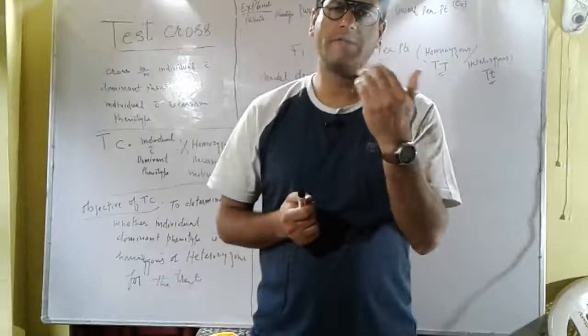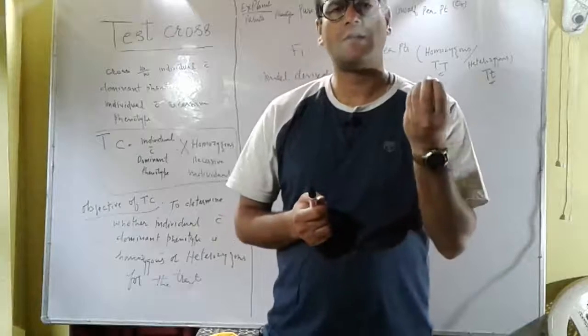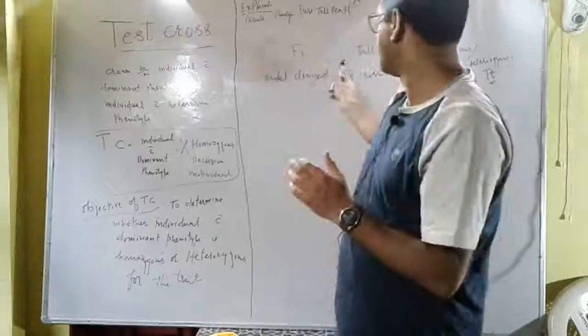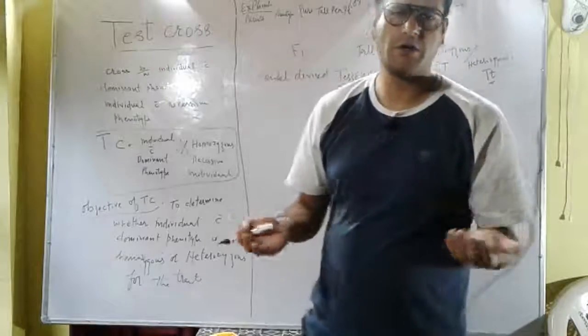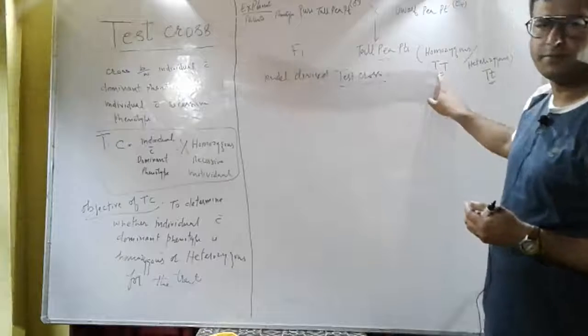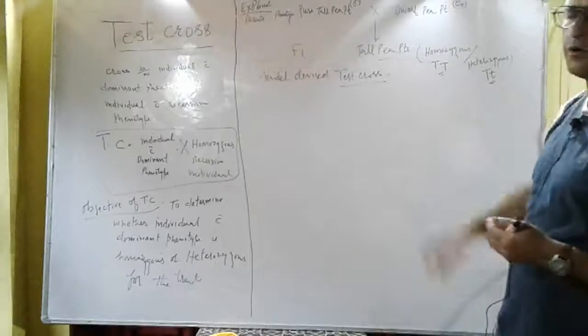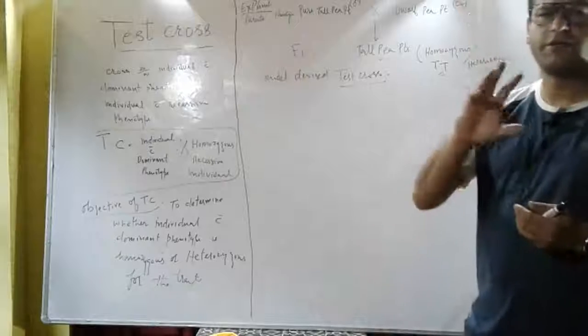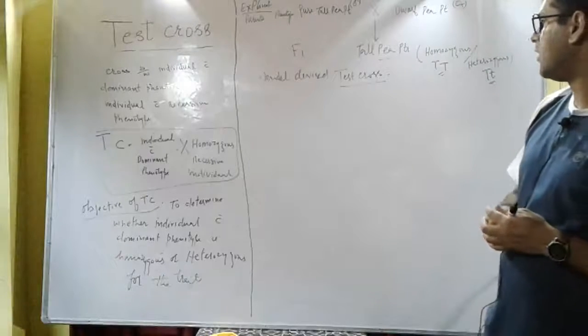But he did not know whether the tall pea plants produced in the F1 generation were homozygous tall or heterozygous tall, that means whether they have genotype capital T capital T or capital T small t. These are individuals with dominant phenotype. So he devised the test cross.